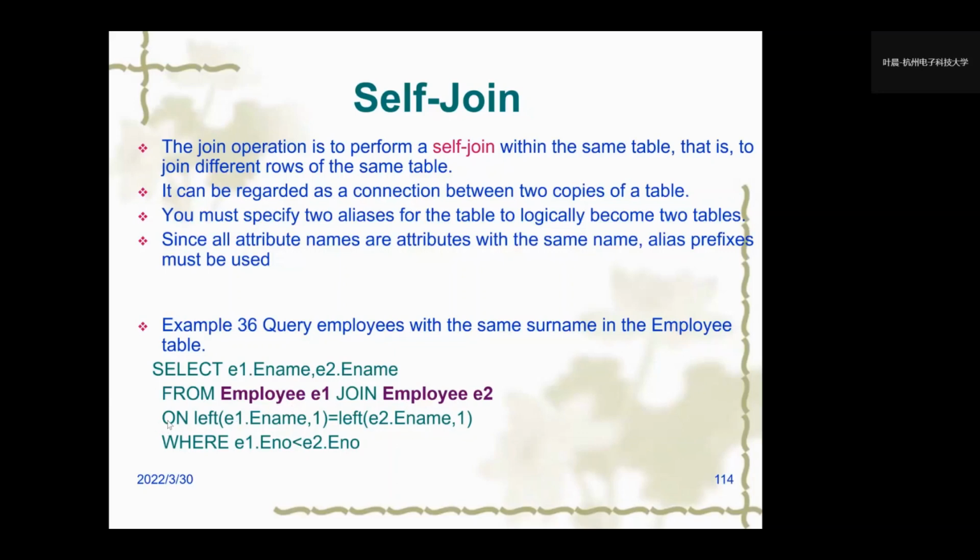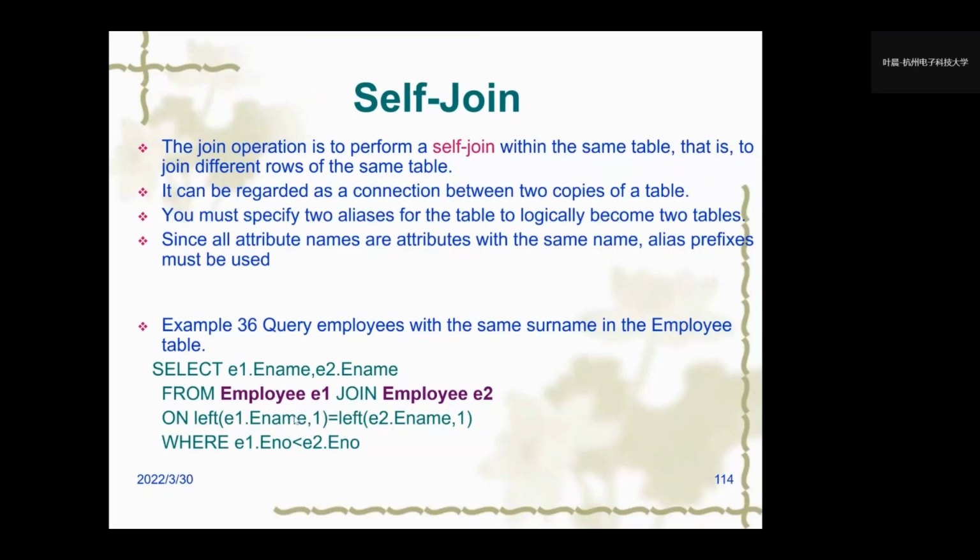So the condition is on left E1.ename 1 is equal to left E2.ename 1. So this condition means you want to search the employees' names with the same surname. So the left one is about the surname.